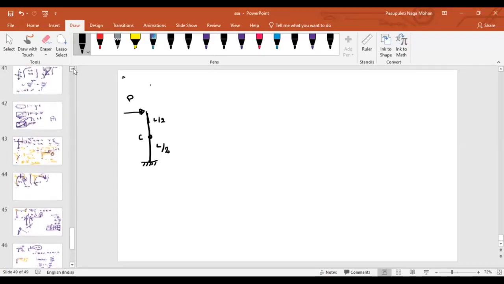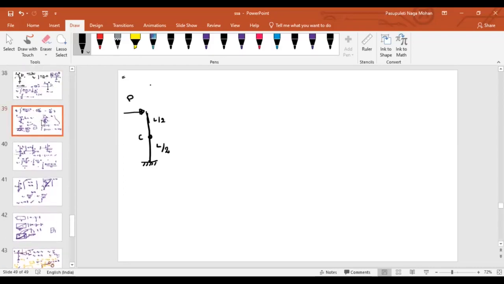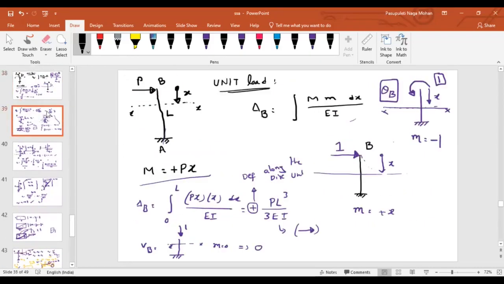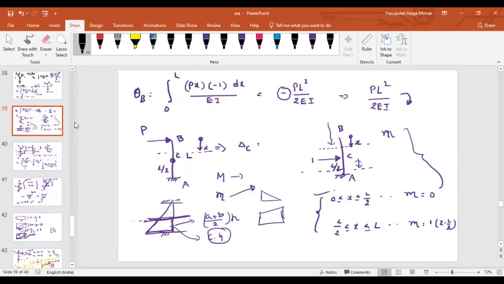Just now we solved it using the unit load method. Did you get the final answer for this case? What is the deflection at C? At least tell me, is it simpler using the unit load method? Is it simple to solve this? Find the deflection at C.